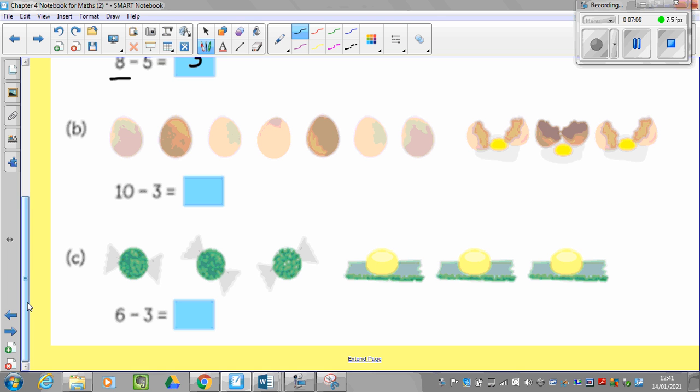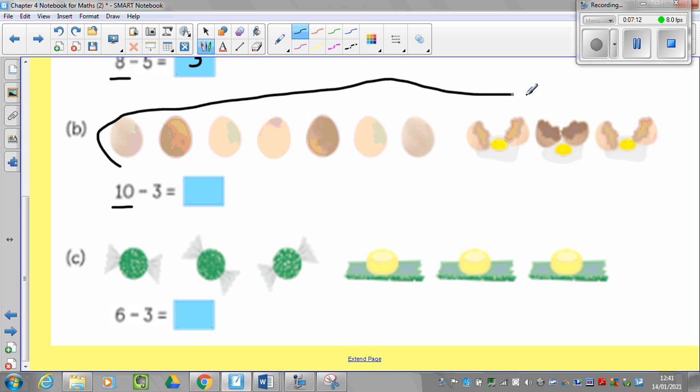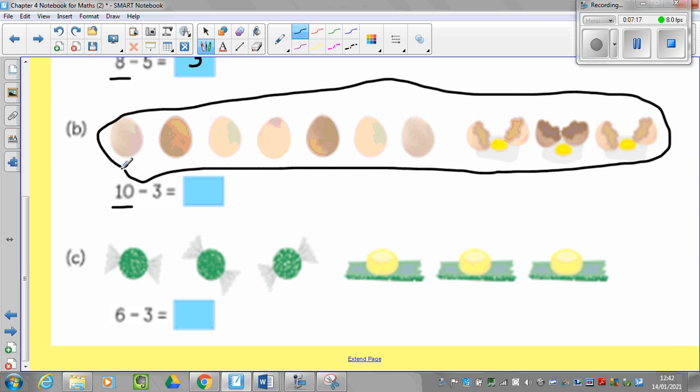Let's try that again then. So I've got some eggs here. And how many eggs have I got? I've got 10 eggs all together. So let's just show that I've got 10 eggs all together. But oh no, look, 3 of them have been dropped. And they have cracked open. So 3 of my eggs are being taken away.